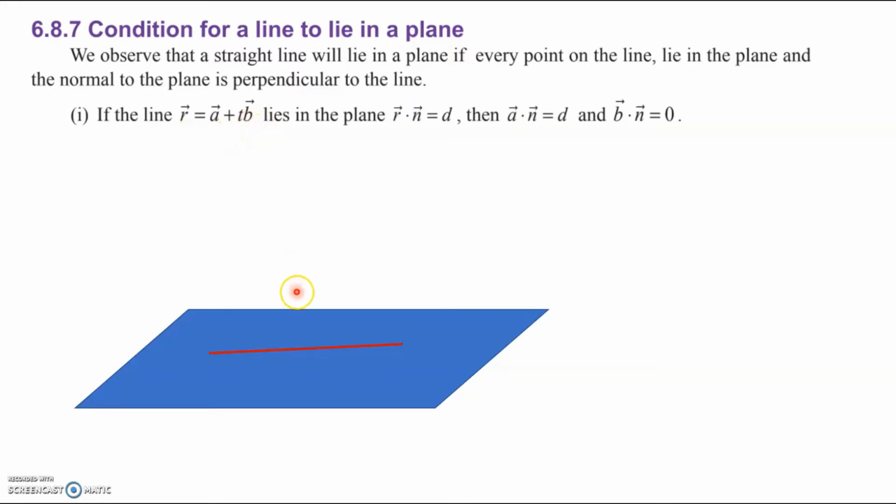You know that B vector is a vector parallel to this line and A is the position vector of a point A on this line.